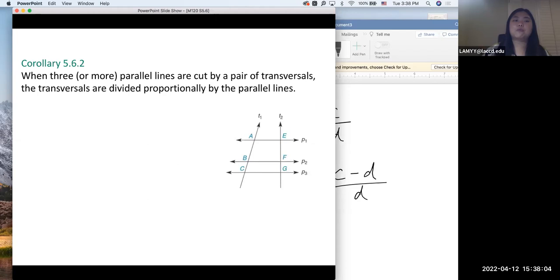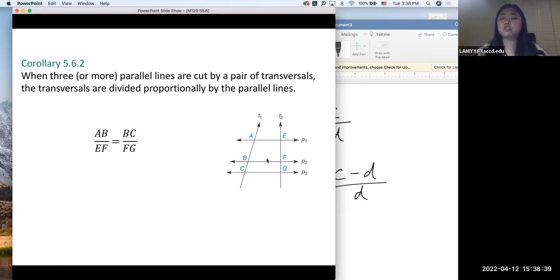Corollary 5.6.2. When 3 or more parallel lines are cut by a pair of transversals, remember the transversals T1 and T2 here, the transversals are divided proportionally by the parallel lines. So this one is talking about P1 parallel to P2, parallel to P3, 3 or more. And then you could see the sides here, AB will be proportional with EF, BC, and FG.